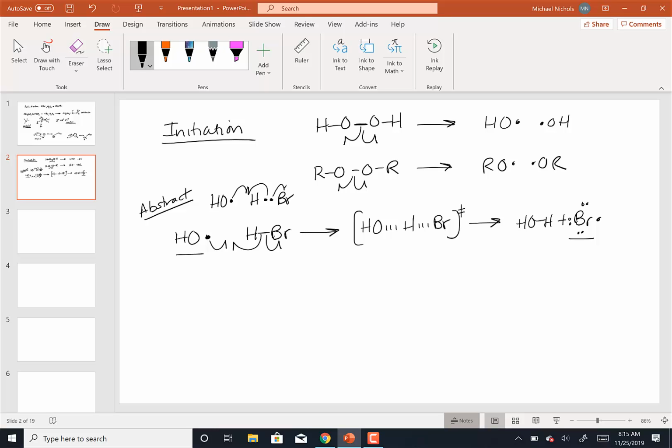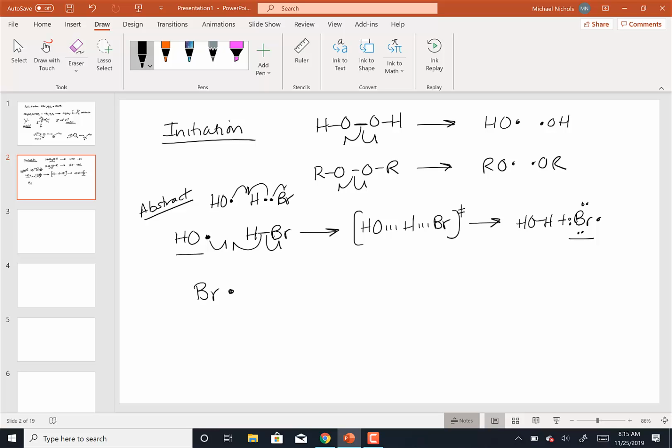It doesn't take more than a few of these radicals to cause the reaction to occur, because every time they react, they generate another one. So that's a problem with free radical reactions: how do you stop them? We'll only talk a little bit about that here, but we'll talk more about it when we do full-blown free radical halogenation.